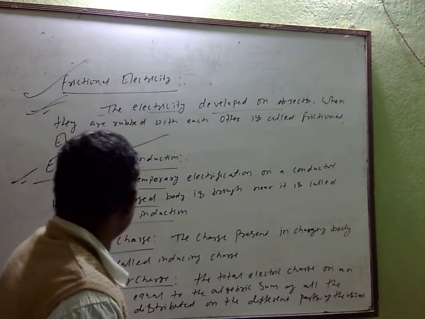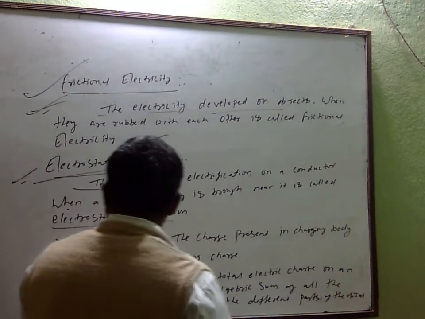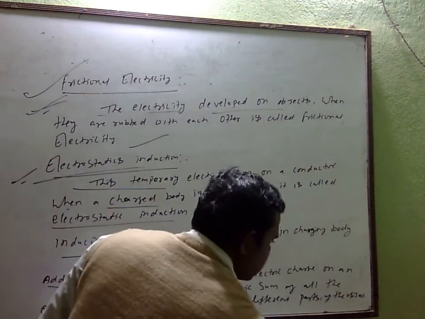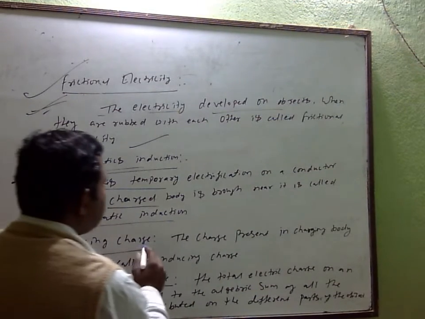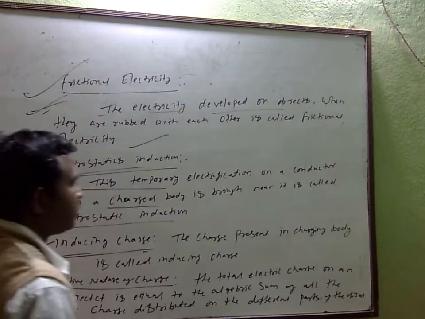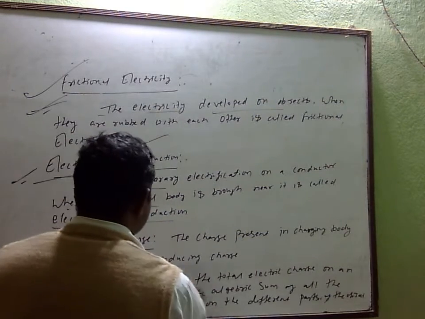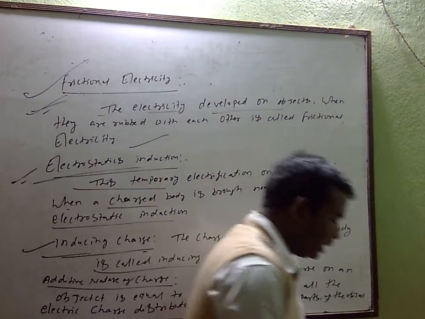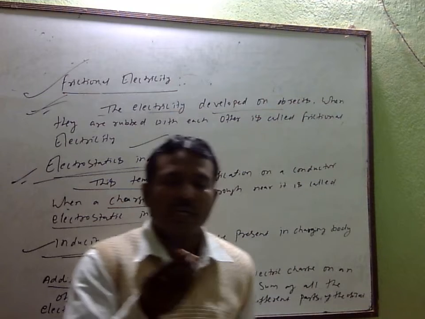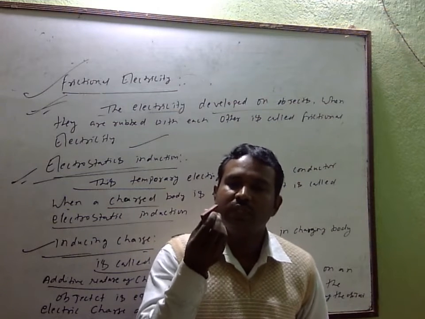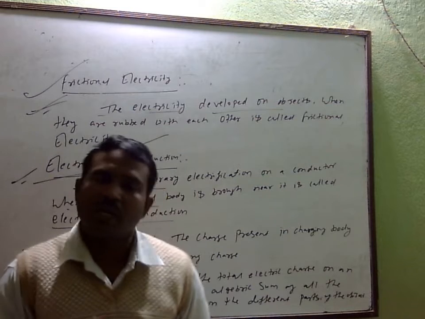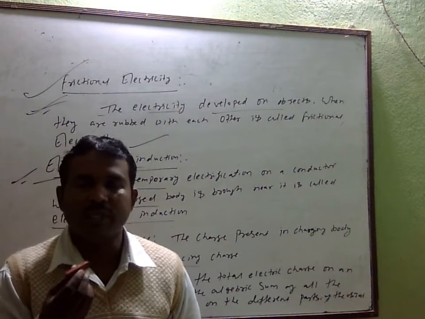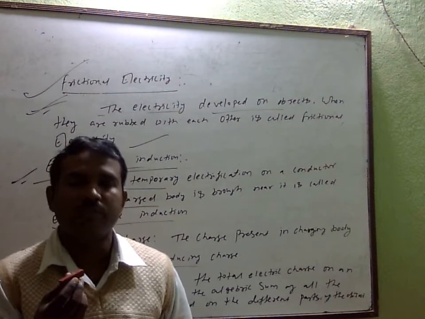Similarly, we also have inducing charge. Next definition, a small definition: the charge present in the charging body is called inducing charge. You see this magnet, there is a charge, but can you see the charge? No, we cannot see it, but we can feel it.